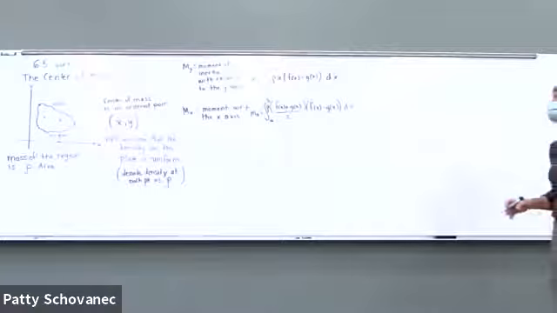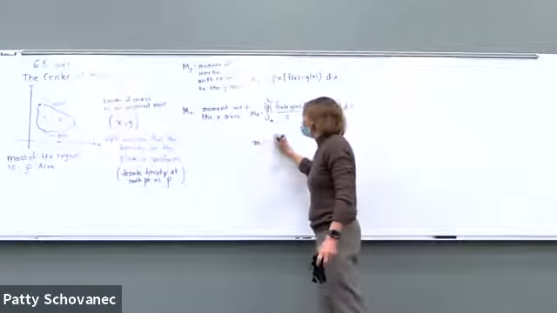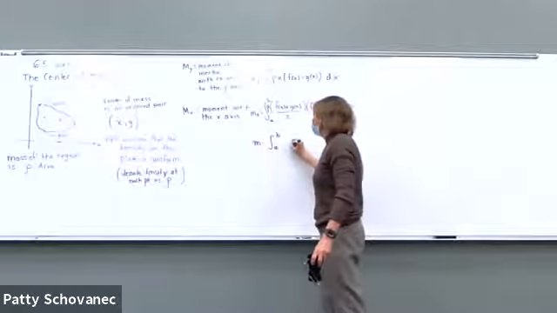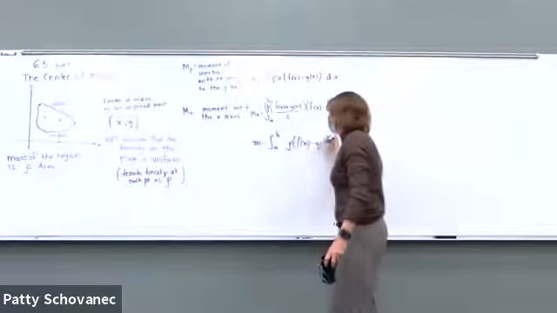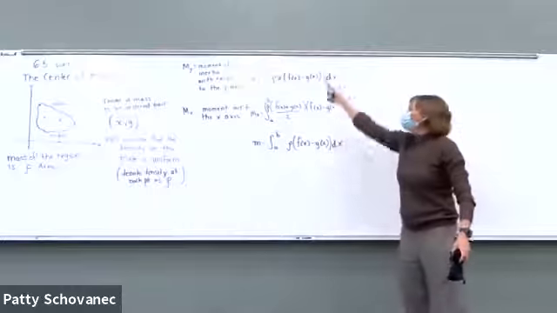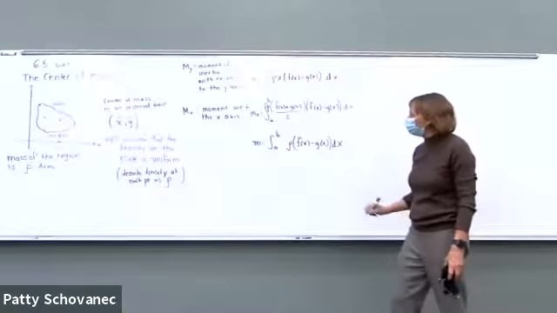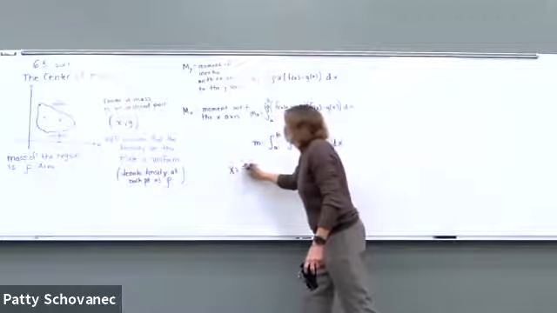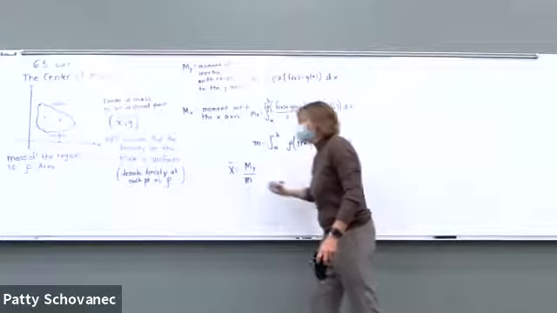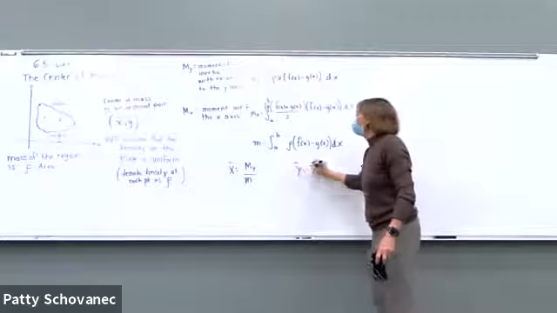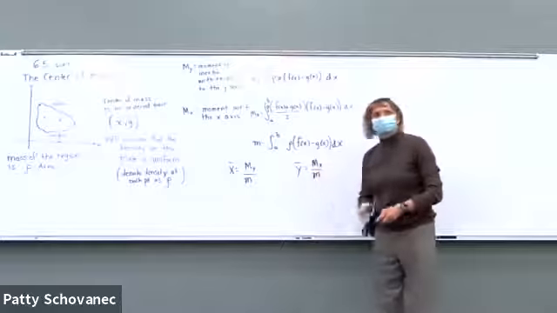Then if you take those two moments and divide them by the mass, where the mass is just density times area, if you divide each of those by the mass, you'll have that ordered pair x bar, y bar, where x bar is this moment divided by the mass, and y bar is this moment divided by the mass.